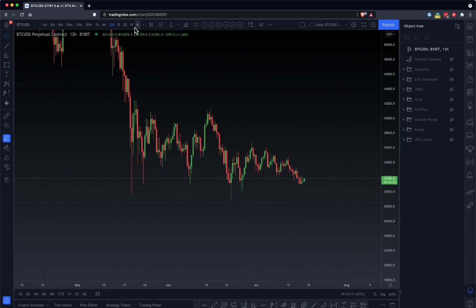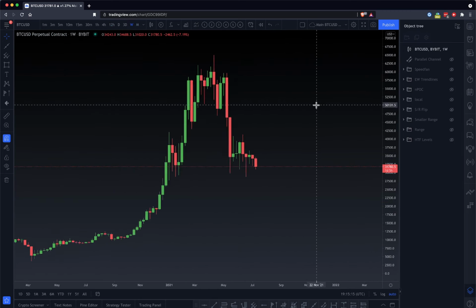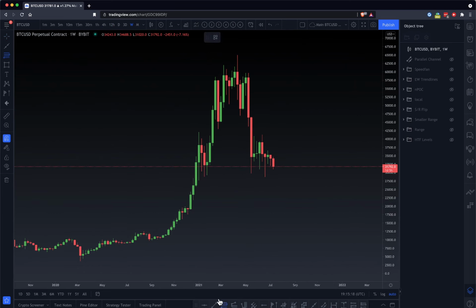Okay, let's do the Fibs and then basically create a plan after that.